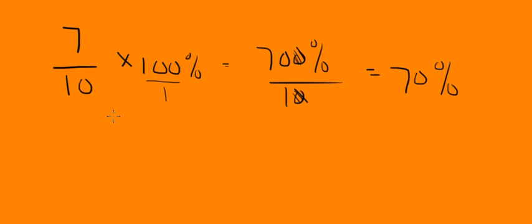Then it would be different, of course. If this were, let's say, 40, then you would have 700 over 40, and it changes things a little bit. You can still get rid of the 0, but now you're dividing 70 into 40 to get a percentage, and it's not going to be the same scenario.